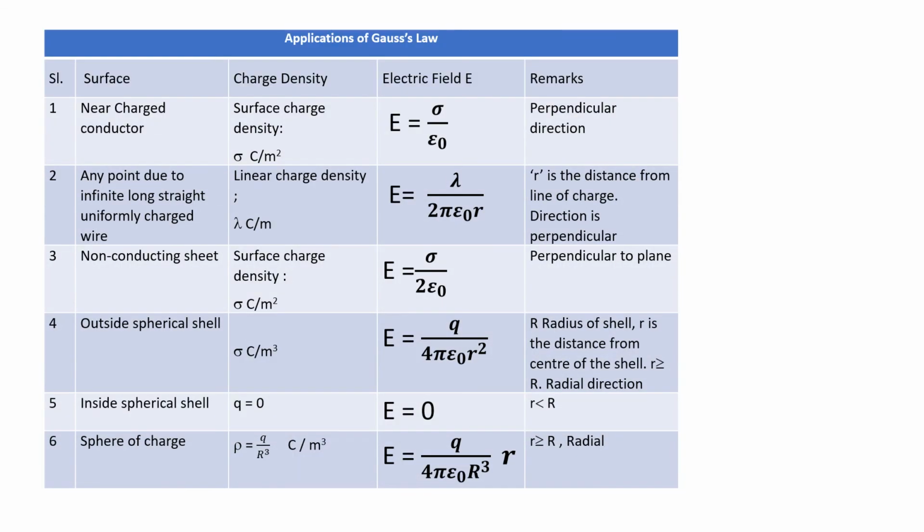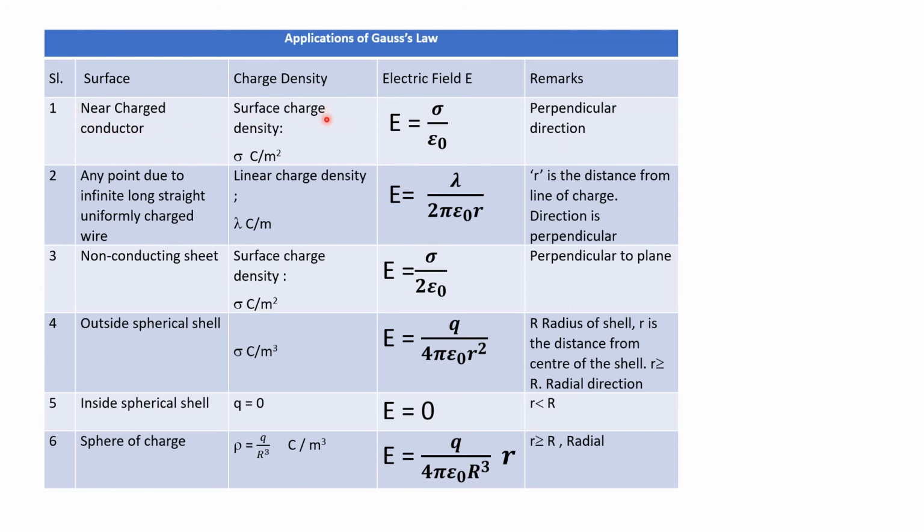Let us tabulate the results of application of Gauss law. In this table, on the left side we are given serial numbers 1, 2, 3, 4. So, let us consider the surface near the charged conductor.